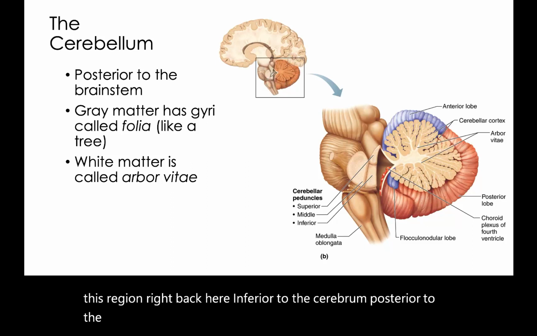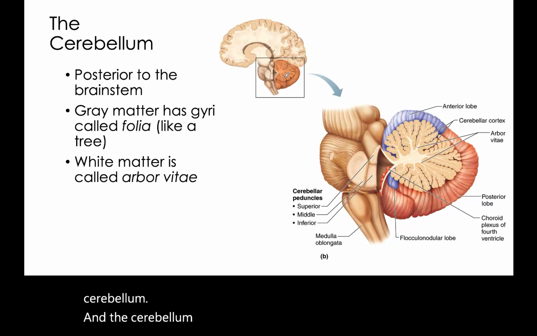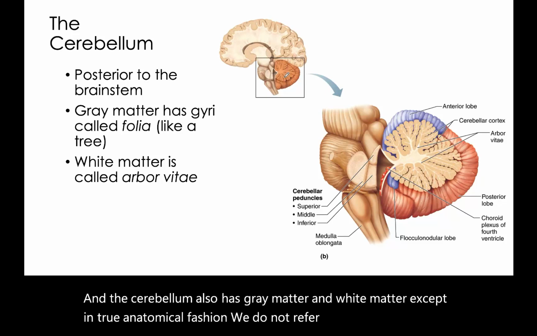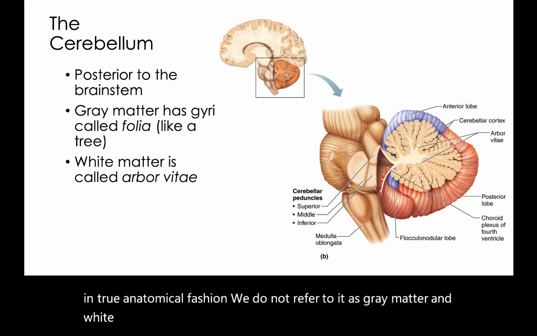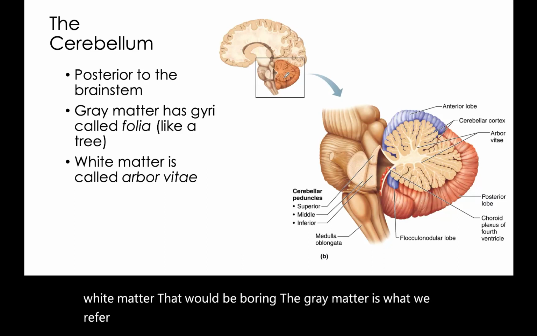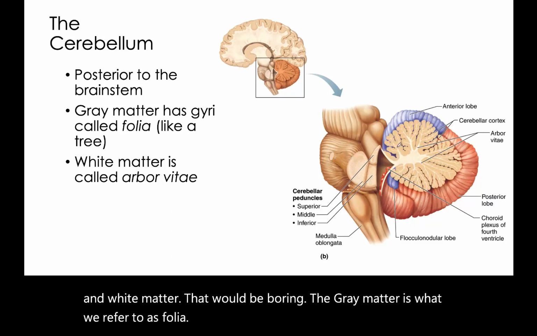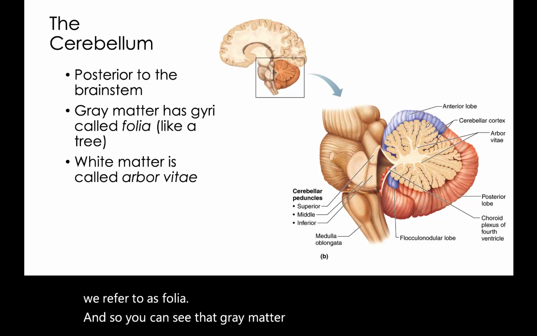And the cerebellum also has gray matter and white matter, except in true anatomical fashion, we do not refer to it as gray matter and white matter. That would be boring. The gray matter is what we refer to as folia. And so you can see that gray matter right there, folia.